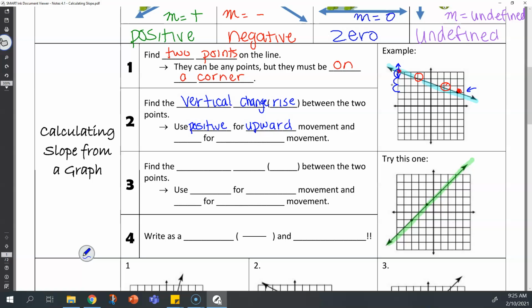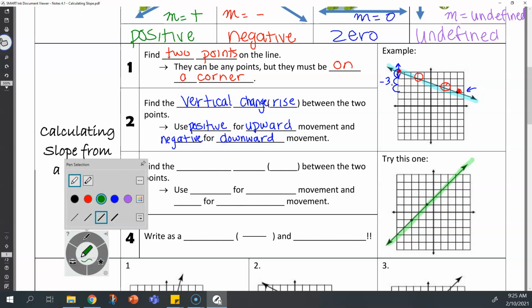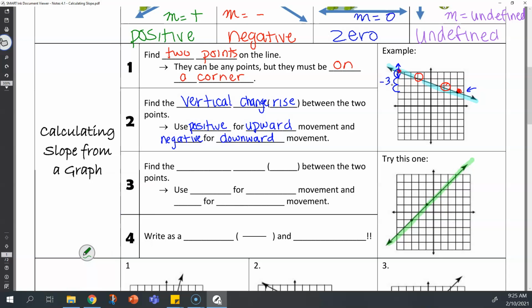So I'm going to use a negative number to show that downward movement. Because I went down 3, my rise is going to be negative 3. Then I'm going to find the horizontal change, which we call the run.